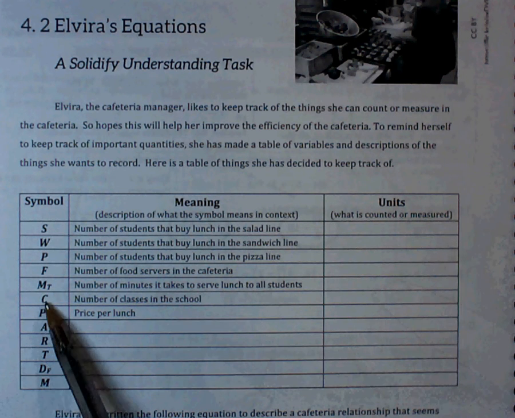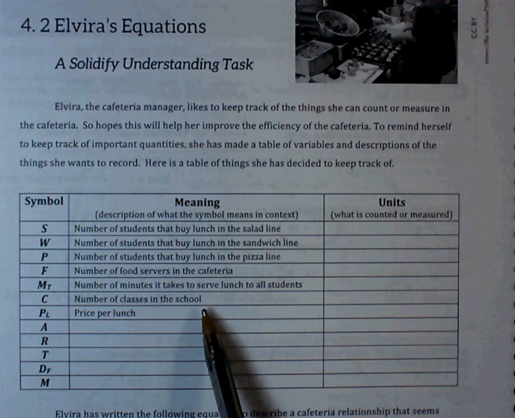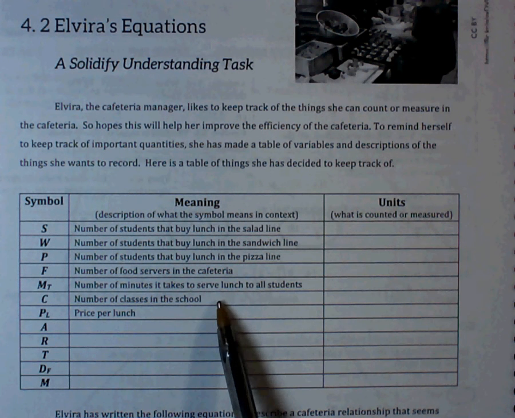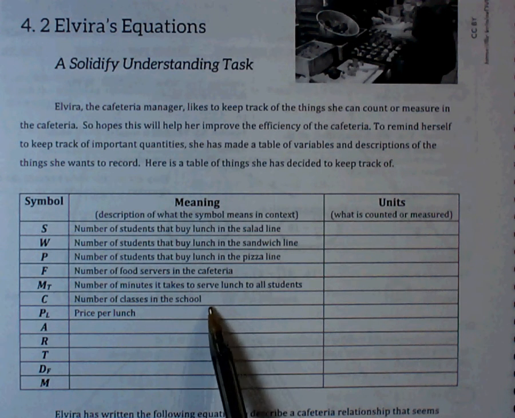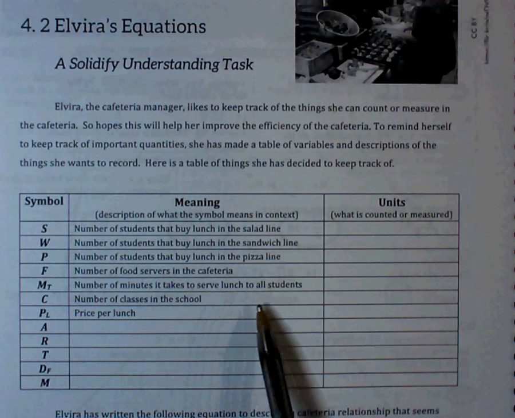Okay, C stands for the number of classes in the school. So I'm thinking we should think of this as an elementary school, not a high school, because in elementary school you have your class, right? Even if you move around a little bit, you have your teacher and you have your class. And I think if we're talking about the number of classes in the school, let's use an elementary school idea for this.